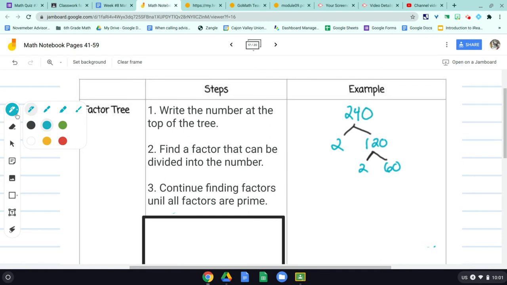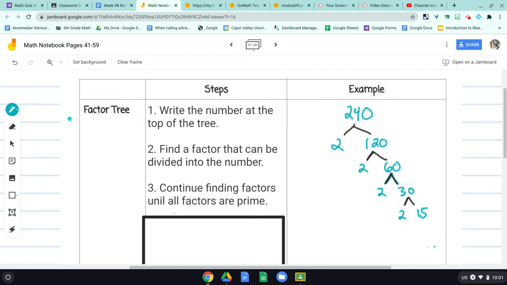And I know I can divide 60. Let me use the black branches there. I can divide 60 by 2 as well, and 60 divided by 2 is 30. And then 30 can also be divided by 2, and 30 divided by 2 is 15.